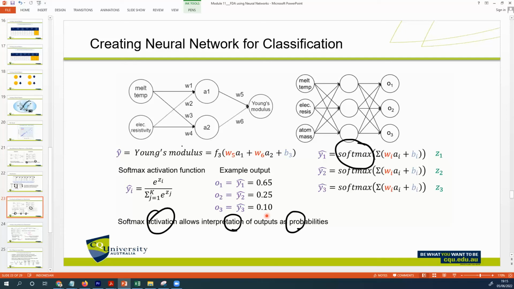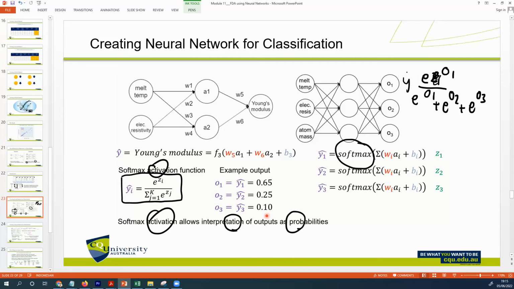So the softmax activation function is e to the power of z divided by, let's say, e^O1 divided by e^O1 plus e^O2 plus e^O3. So this is the function: the exponential of O1 divided by the exponential of O1, O2, and O3.